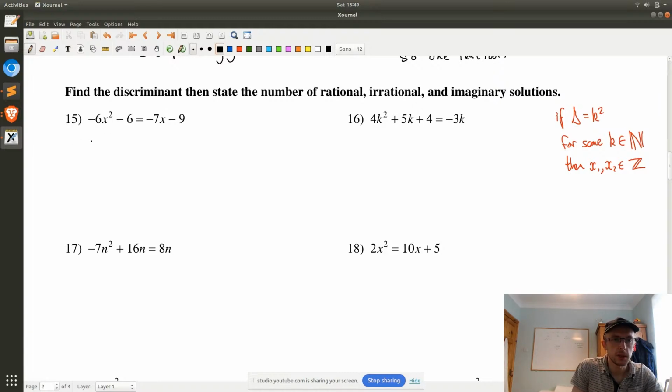So first, just rearrange things so that it's all set equal to 0. So negative 6x squared plus 7x plus 3 equals 0. Write down delta for discriminant. It'll be 7 squared minus 4 times minus 6 times 3. So that's 49, and then plus 72. And that's equal to 121, which is a perfect square.